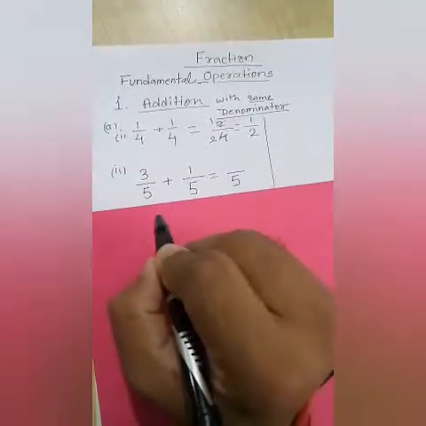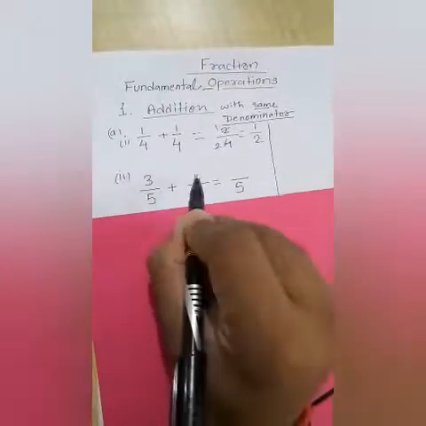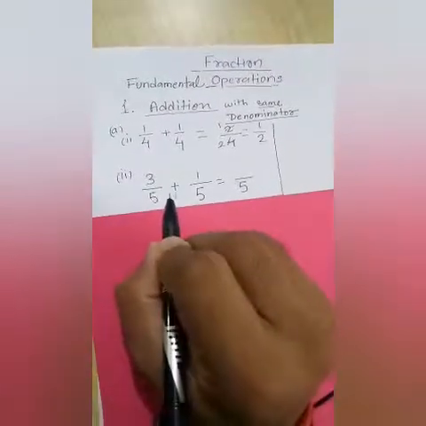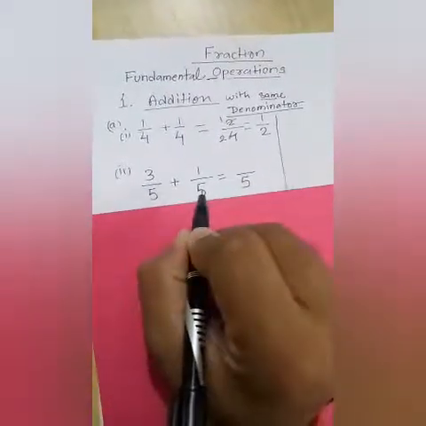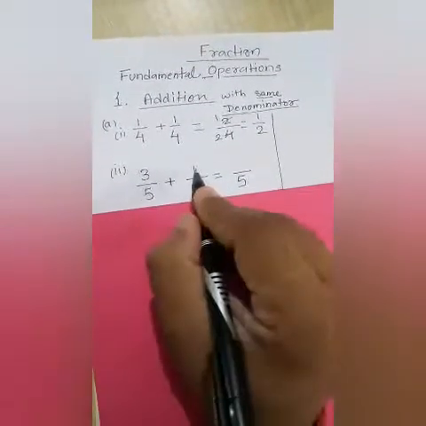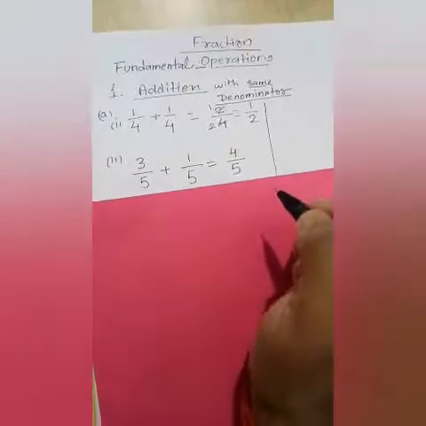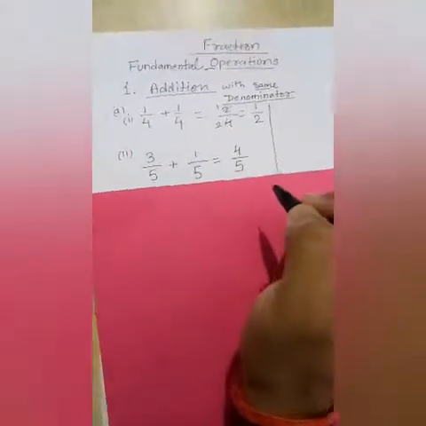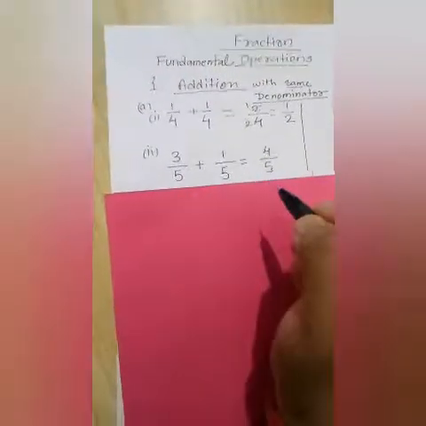Now what do you have to add? Numerator only. Please take a very important note here: never ever add the denominator. So 3 plus 1, the answer is coming 4/5. So what do you have to take care of? Never ever add the denominator.